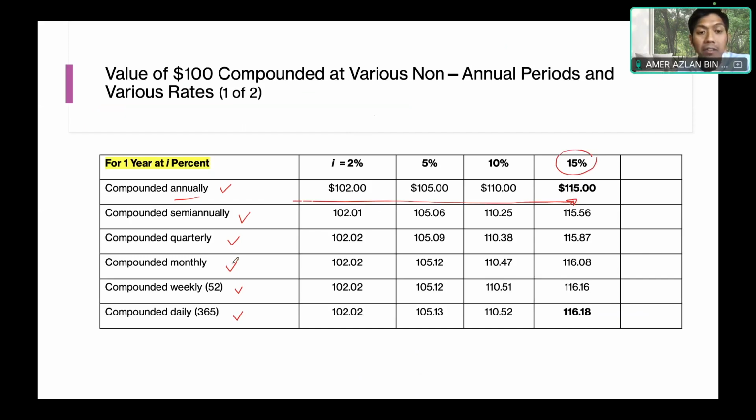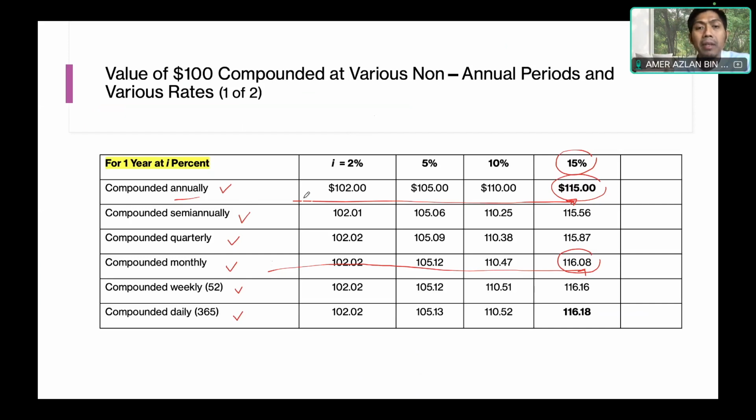But if the investment or the money is being compounded monthly, setiap bulan, compounded monthly, eventually with the 15% return, you would get a much higher return. That's the difference in the effect of compounding methods based on the frequency.